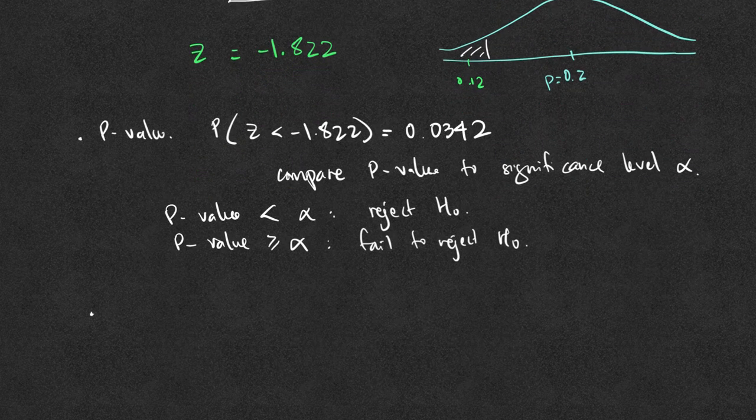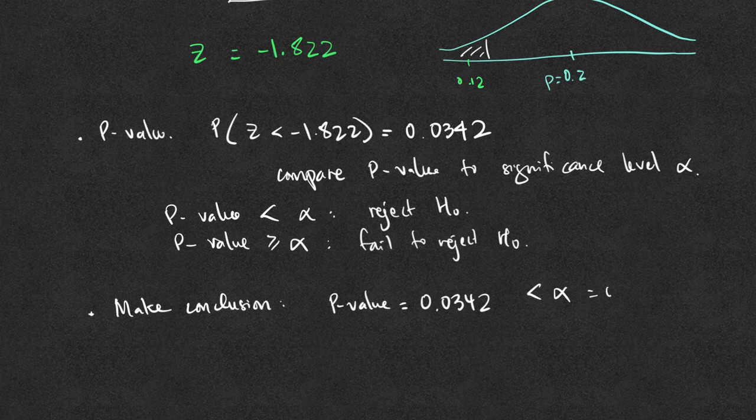We make the conclusion based on the evidence that we found, based on the sample that we collected. And in this case, the p-value is less than the standard alpha 0.05, so we would reject the null hypothesis. Again, the hypothesis test is the test against the null hypothesis, and so the smaller the p-value, the more significant the test.